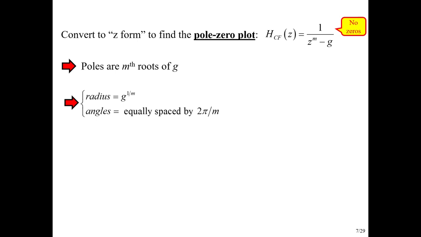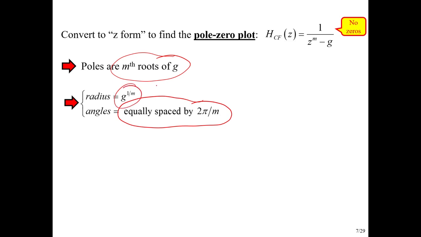So in reality, the mth roots of g are that one real number plus a whole bunch of complex numbers, and all those complex numbers are all equally spaced by 2 pi over m. So whatever this number is here, it's a positive number. Let's just call it m sub g.